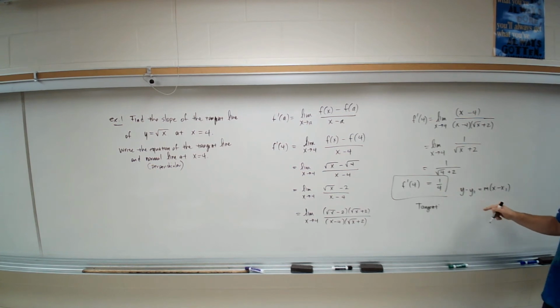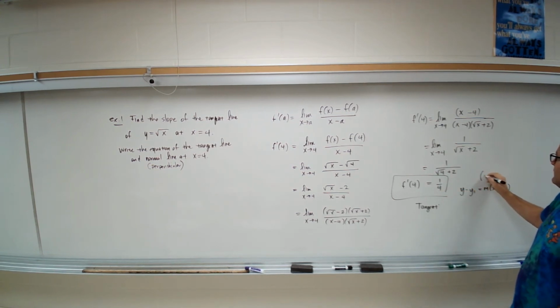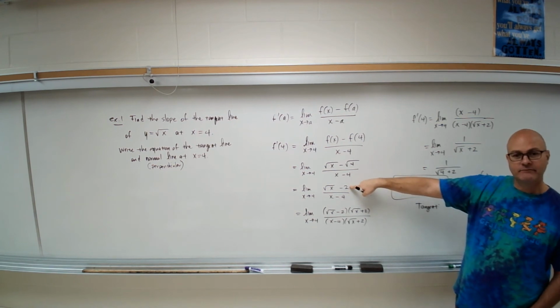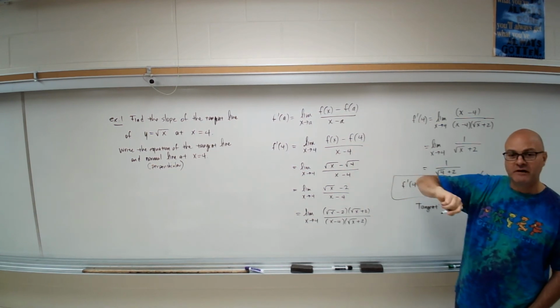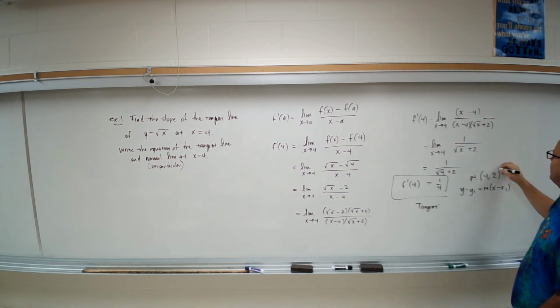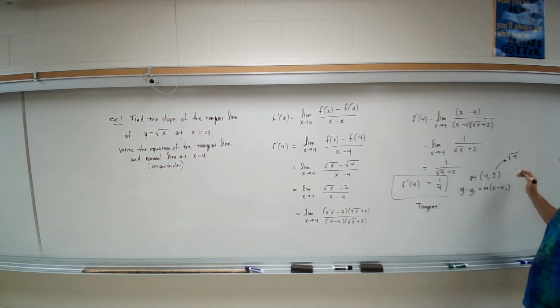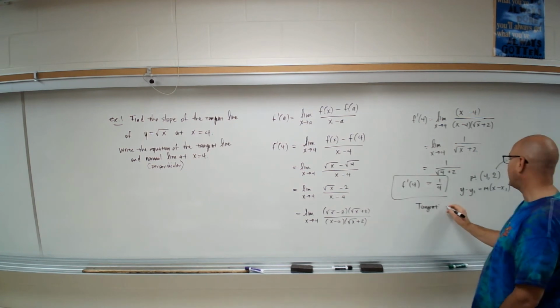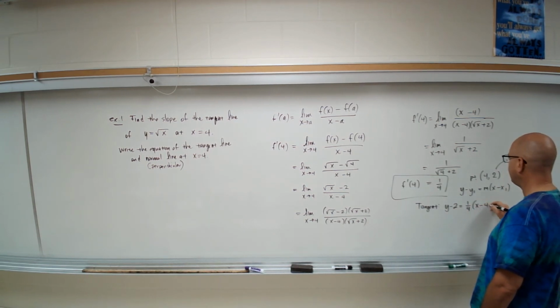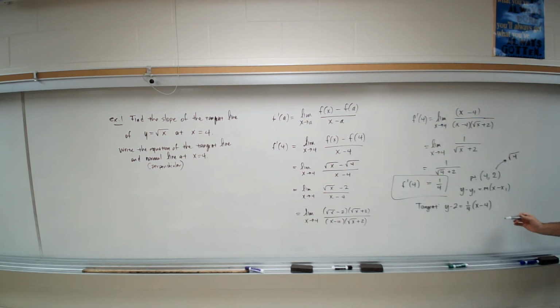So the point at 4 on f, we had 4, and then it was 2, right? Just based on the original function, because our point is 4, 2, because this is the square root of 4. The original function was just the square root function. So that means that for our tangent line, we're going to get y minus 2 equals 1/4 times x minus 4.